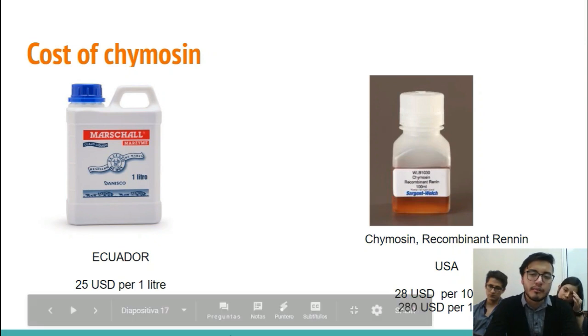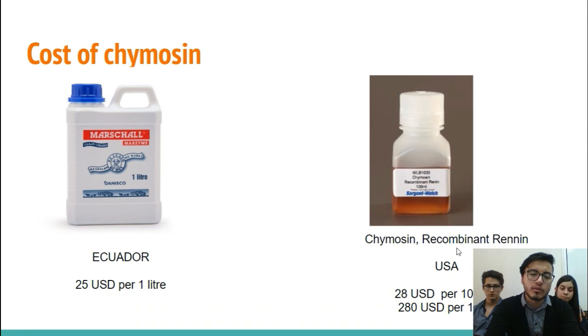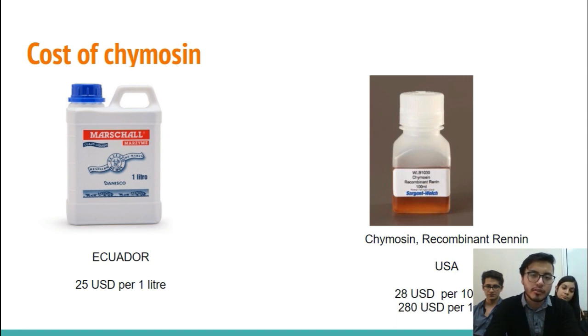But the chymosin recombinant renin process is more efficient. We only need 1 milliliter of the chymosin to make 100 liters of curd. So we can see an important difference here.